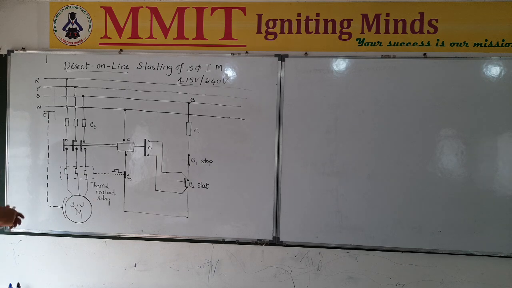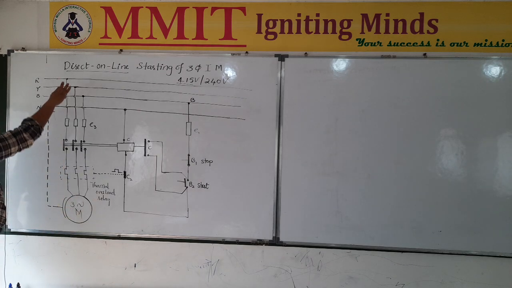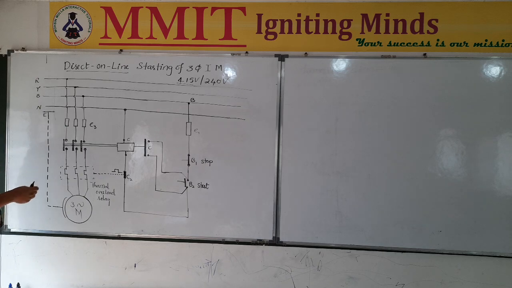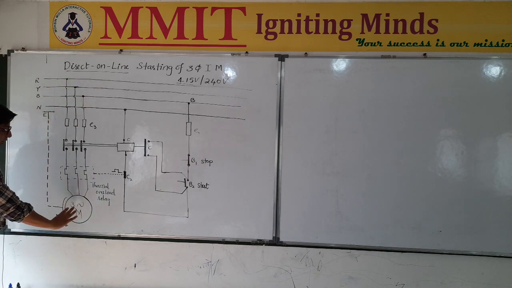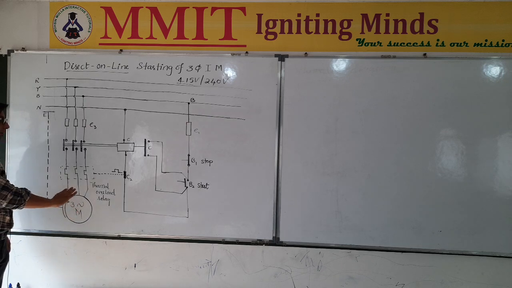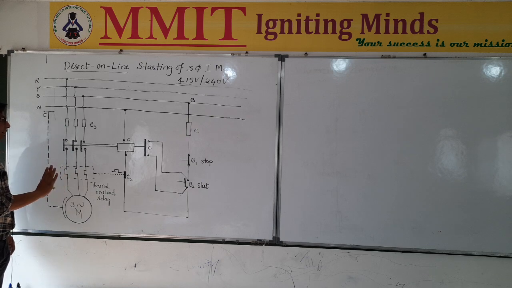Basically, for the three-phase induction motor represented here, we require the three-phase supply. The three-phase supply is given by this three-phase connection R, Y, B, and then there is a neutral. Now the three phases are tapped from here, and these need to be connected to the motor's three terminals. Before they are actually connected here, we need to incorporate the control and the protection circuit in between.